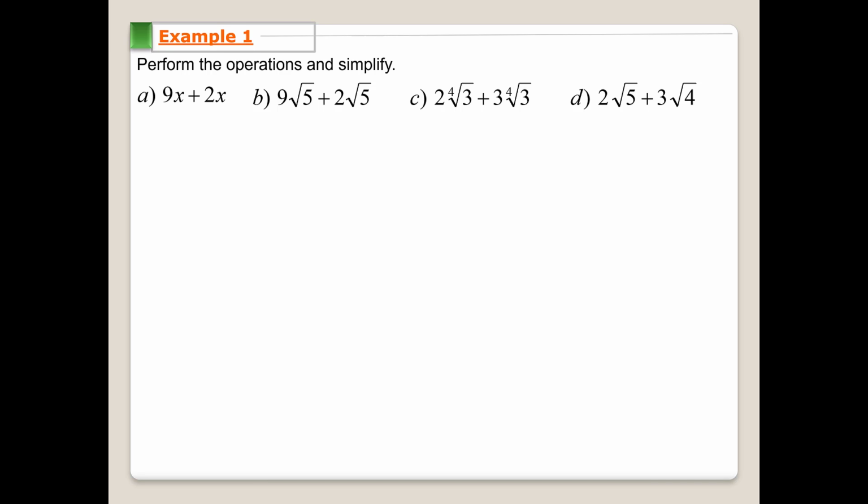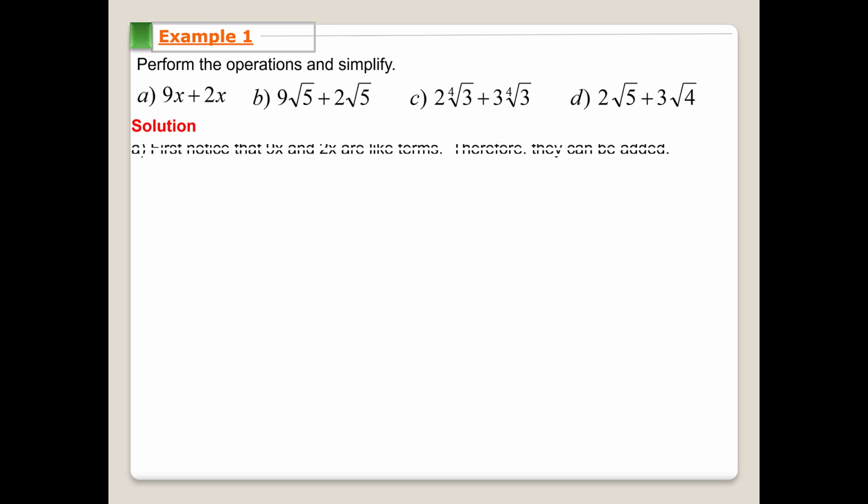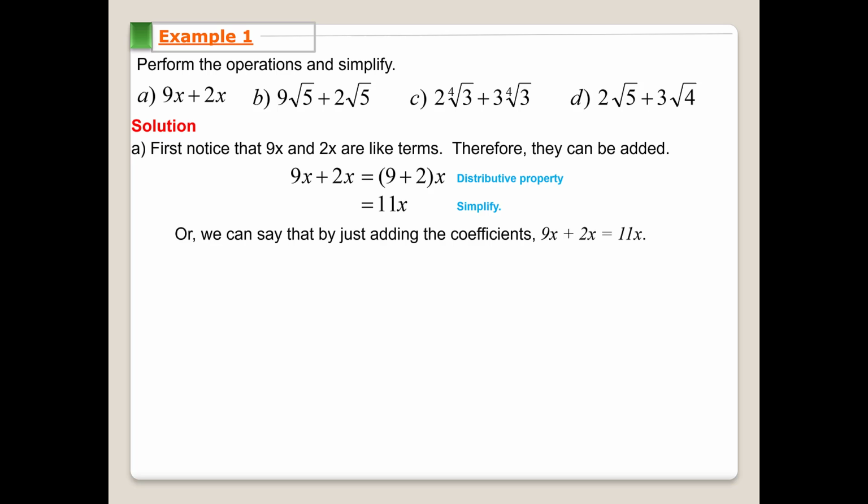So let's do some examples here. We've got 9x plus 2x. These can be added because they have the same x there, right? Like we've done in the past many times, we can factor and say it's simply 9 plus 2 times x, and simplify it. It can be 11x.